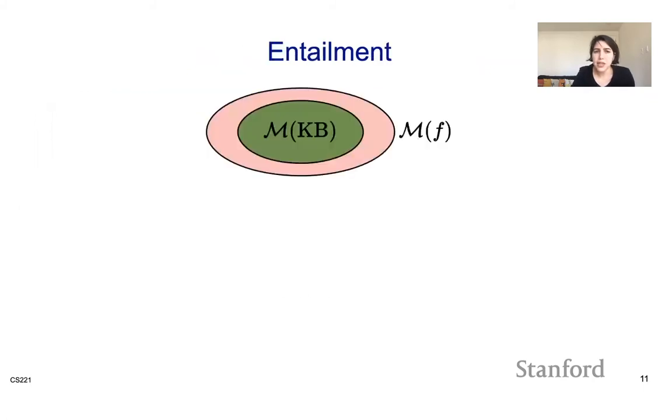All right, so now let's talk about what happens if I have a knowledge base and I add a new formula. There are 3 things that can happen. One option is entailment. What entailment says is, if I have KB as my knowledge base, and you come and tell me a new formula F, and that formula is not adding anything to my knowledge base, then we say we have entailment.